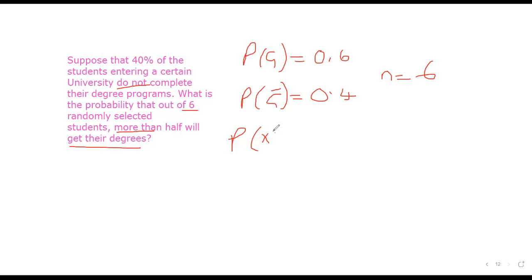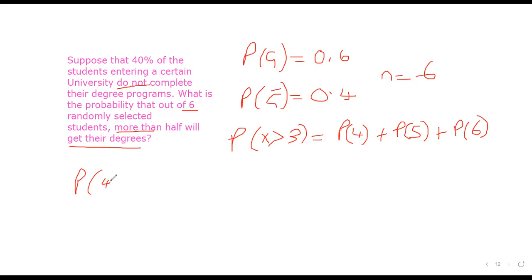So half is 3. So more than 3, we're looking at the probability of 4 plus the probability of 5 plus the probability of 6. This is a binomial distribution. So the probability of 4 is 6 combination 4.